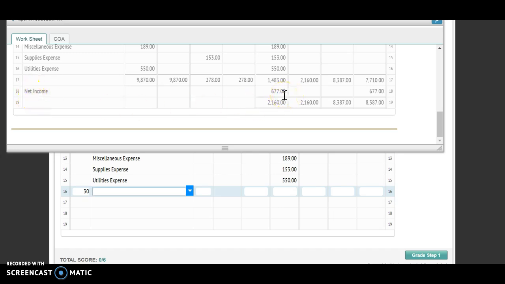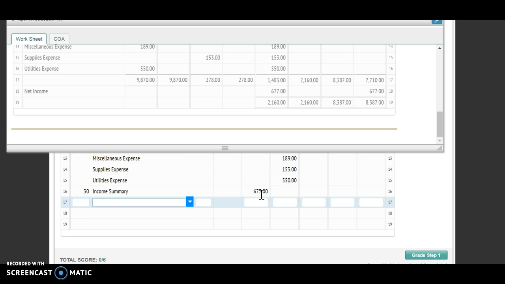And when I think about that, net income is going to increase the owner's capital. And we know to increase capital, we would credit capital. So if I'm going to credit capital, that tells me that I'm going to debit my income summary. So I'm going to debit my income summary for that net income amount of $677.